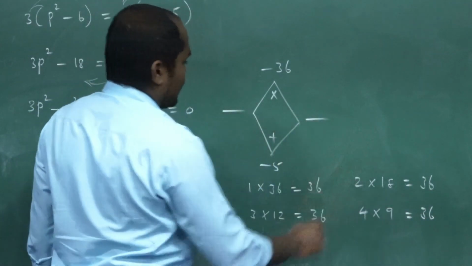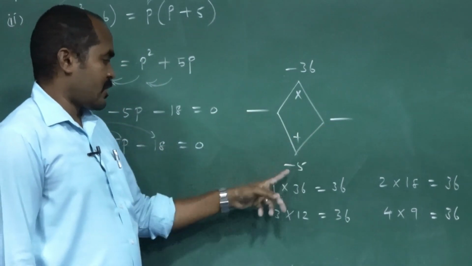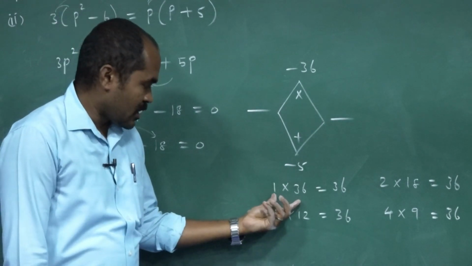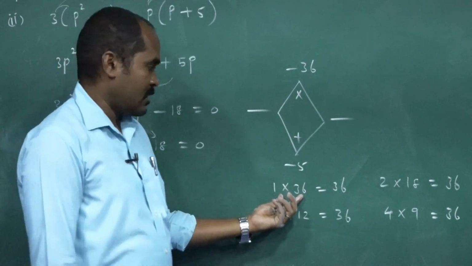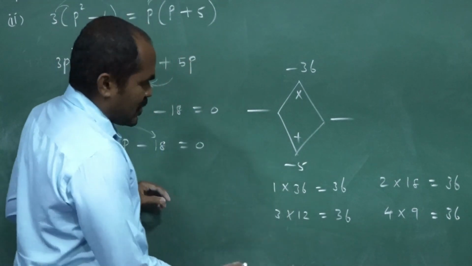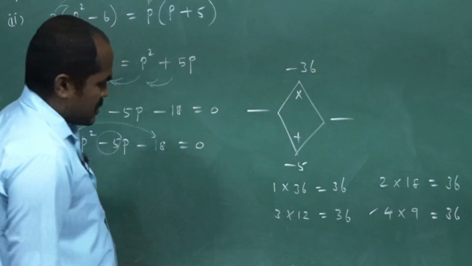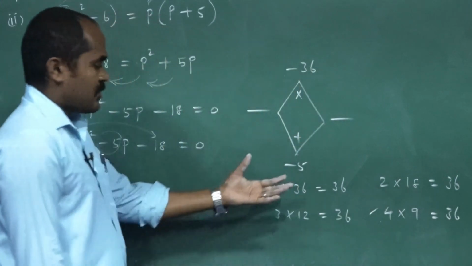We want to fill in two numbers whose product is -36 and whose difference is 5. The difference of 1 and 36 is maybe 35 or 37. Which pair works? 4 into 9: 4 nines are 36, and the difference is 5.